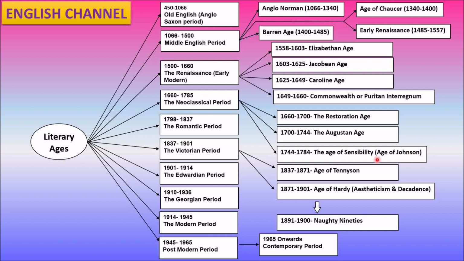And after this age comes the Romantic period, of course, the Lyrical Ballads. We remember, friends, in 1798, after the publication of Lyrical Ballads, the Romantic period begins. In this age, we see the Lake poets, the first generation poets, the second generation poets, like William Wordsworth, Coleridge, Southey, Byron, Keats. So these are the famous writers.